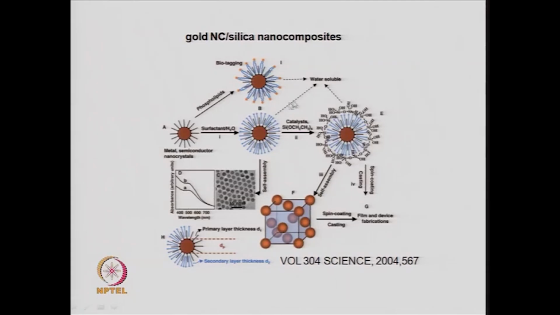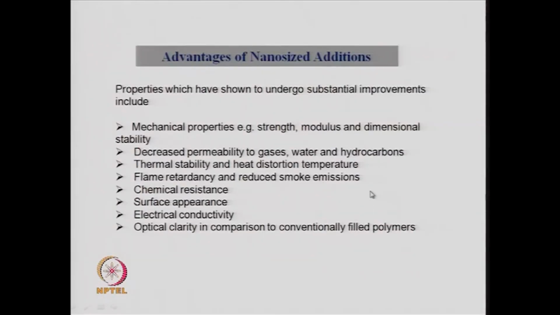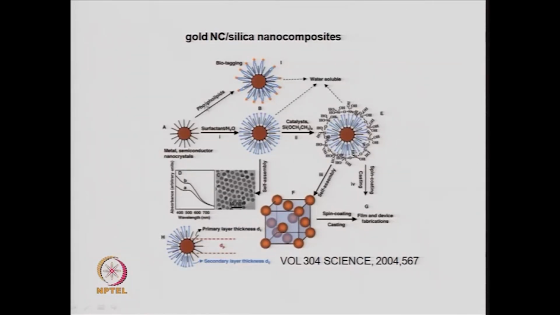So, these are water soluble, and here also you can make them water soluble, etc. The other thing is that you can make this silanol group capped gold nanoparticle into a film using spin coating, and you can make devices out of them, or you can self assemble them and make an inorganic solid. So, you can have this face centered lattice of these particles using self assembly. So, different processes are there which have been shown here of gold silica nanocomposites.